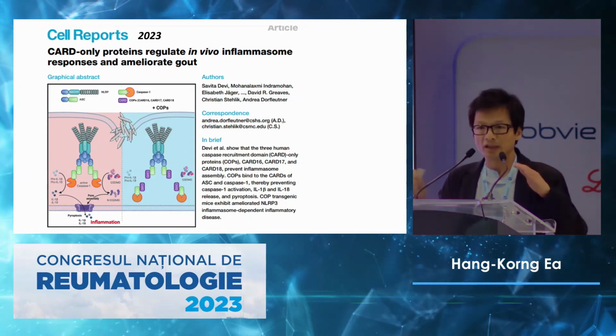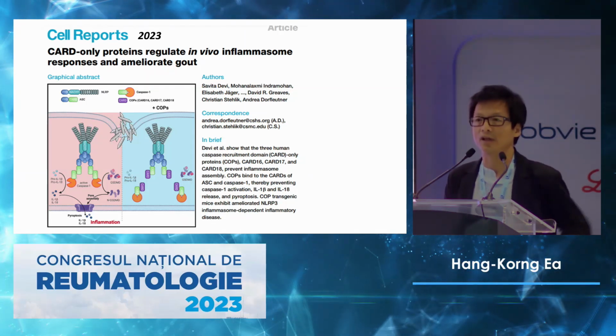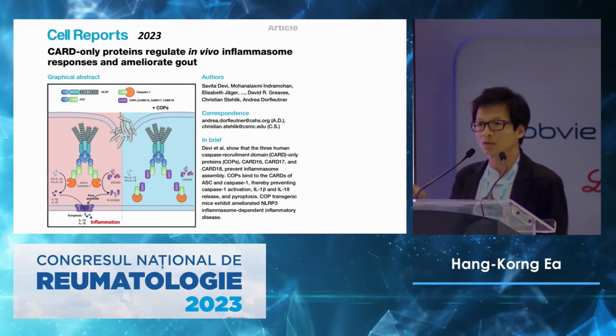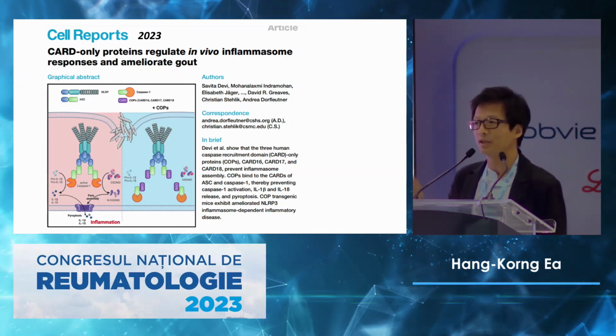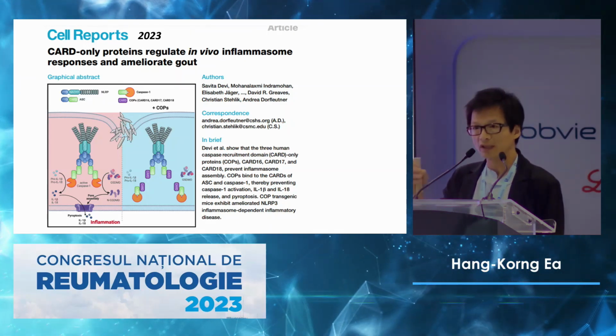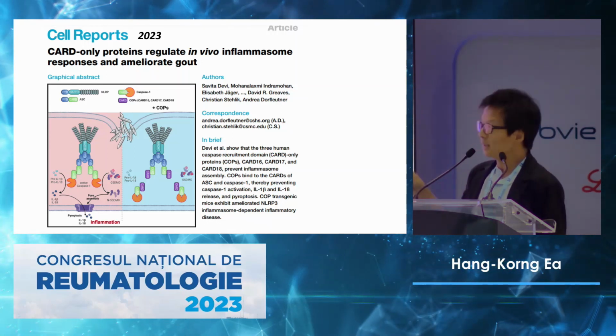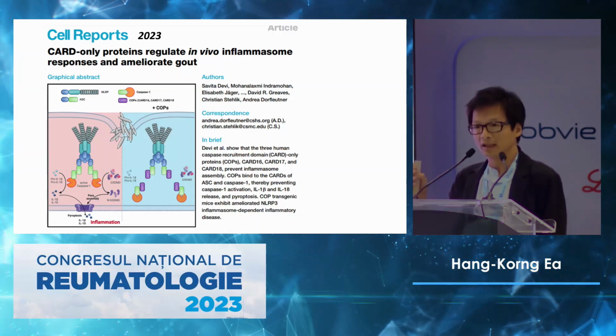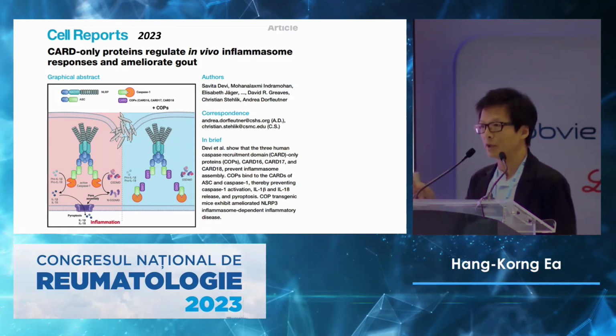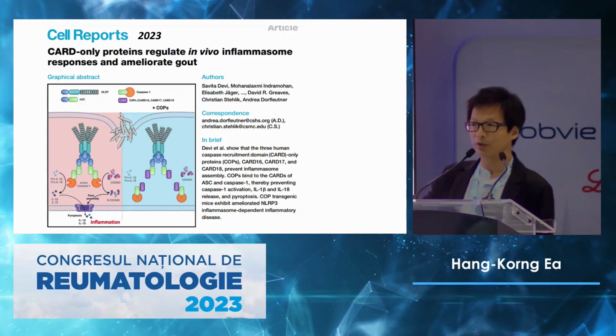Another paper is also related to inflammasome activation. The first paper identified the ASK2 protein, a protein without a CARD domain, and this one is the contrary. This is a protein that expresses only the CARD domain without the pyrin domain.